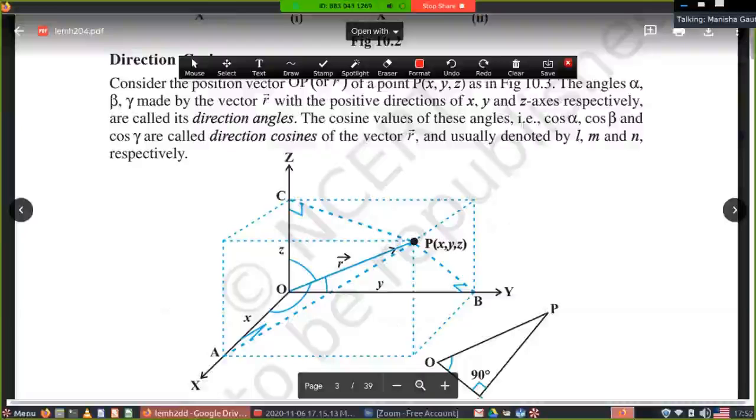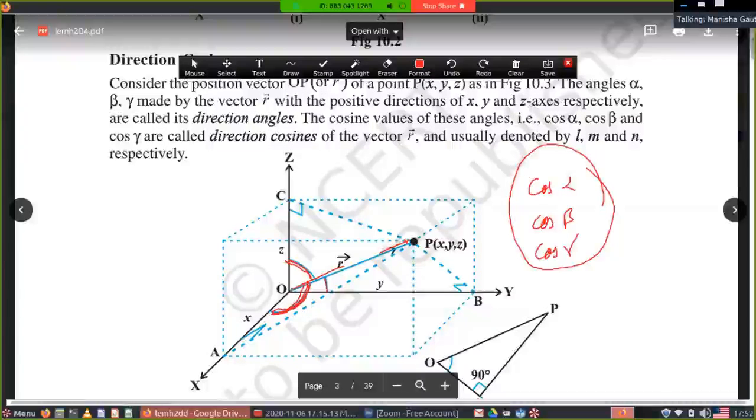Here the vector OP is given. Suppose alpha, beta, gamma are the angles which this vector makes with the positive direction of the x-axis, y-axis, and z-axis. So cos alpha, cos beta, and cos gamma are the direction cosines of the given vector OP.